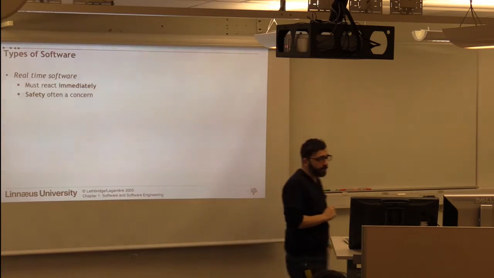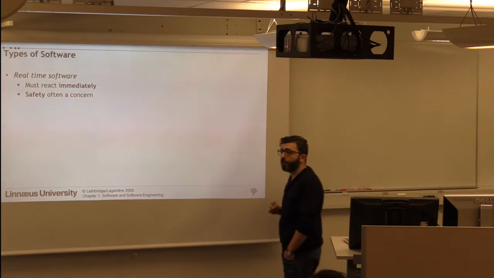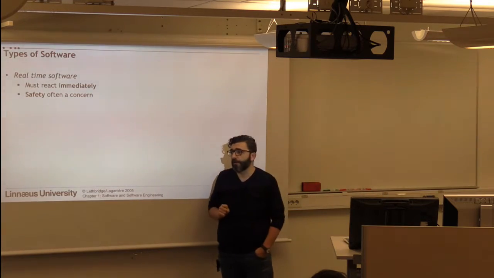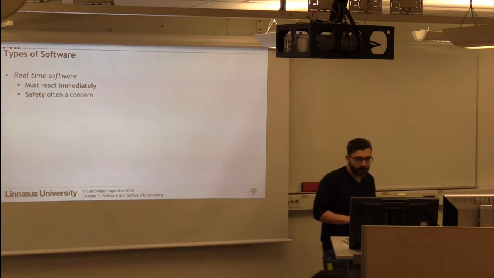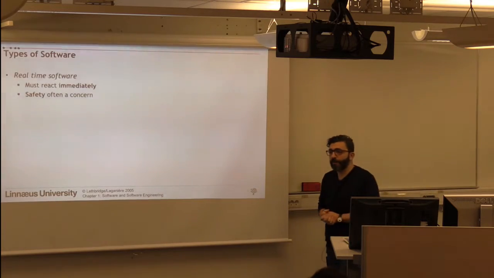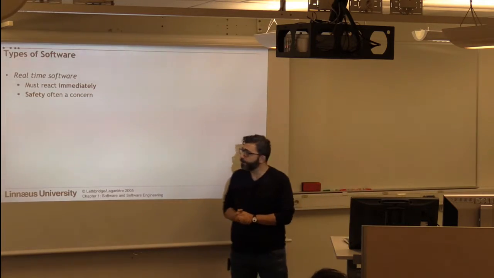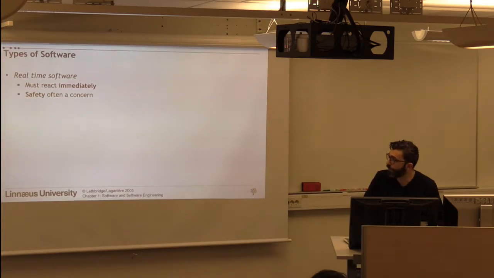You wouldn't like to have buggy software running on the flight that you are taking. That would be very, very bad. And we know that last year something happened because of this, a plane that crashed because of buggy software.